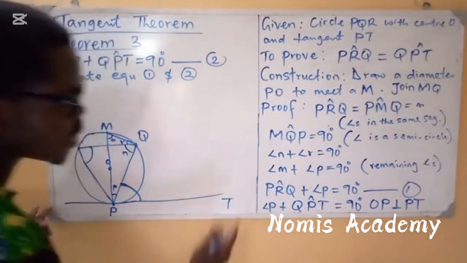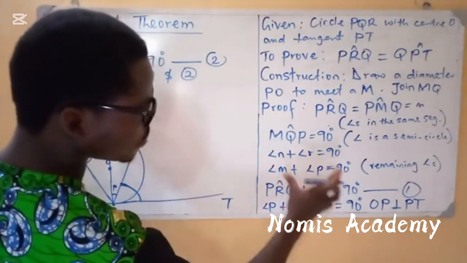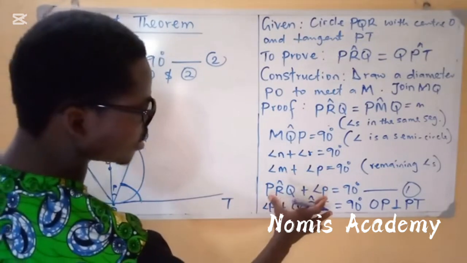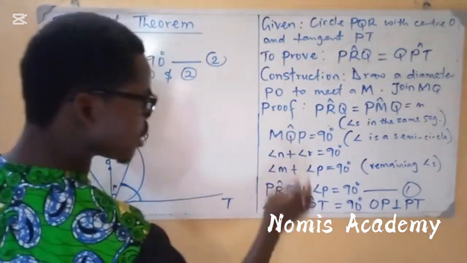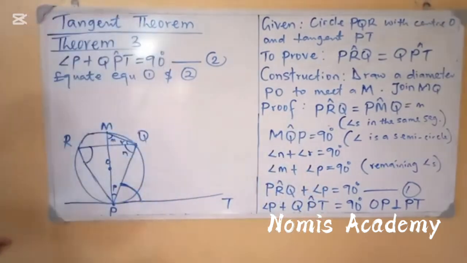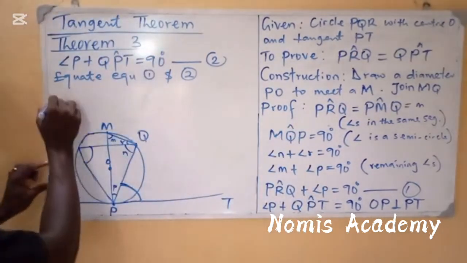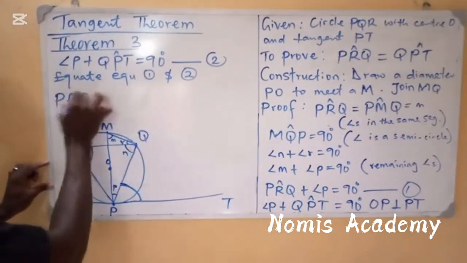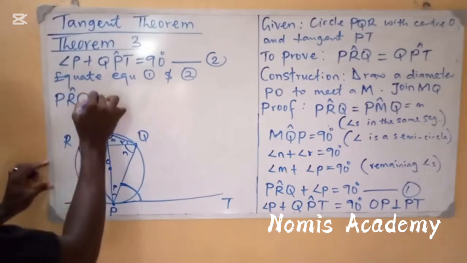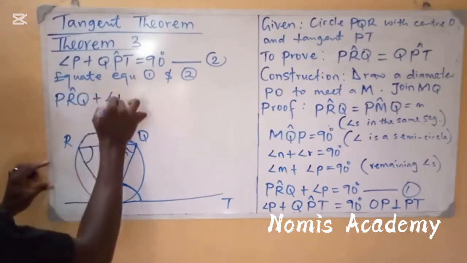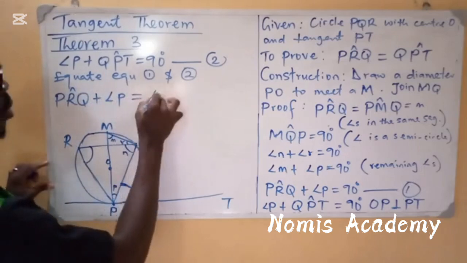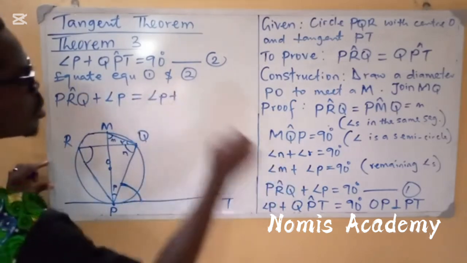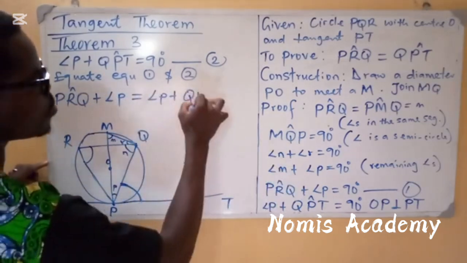So I can now say that since equation 1 is equal to 90 and equation 2 is also equal to 90, then the two are equal. So we can say PRQ plus angle at P is equal to angle at P plus QPT.